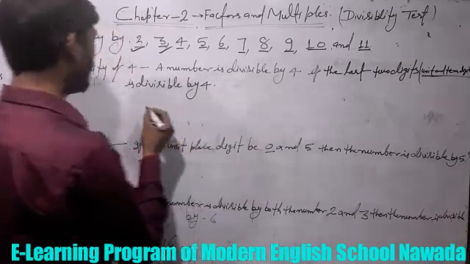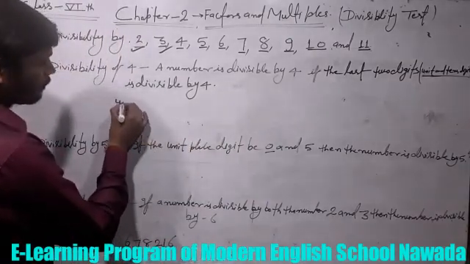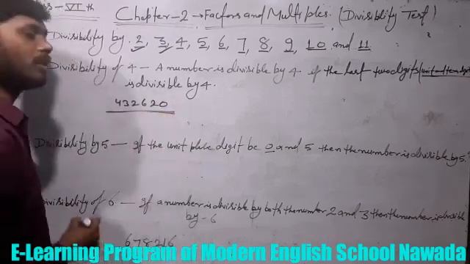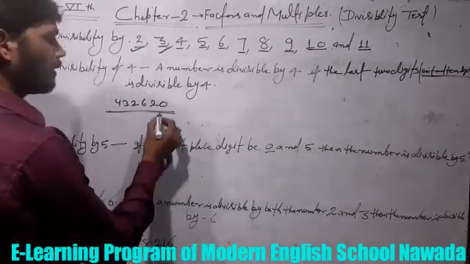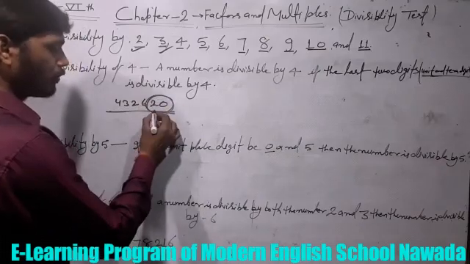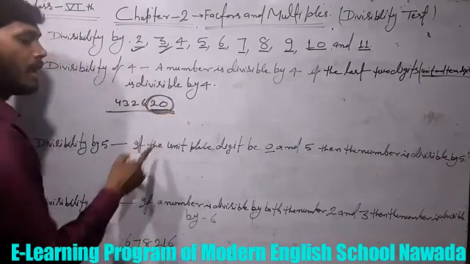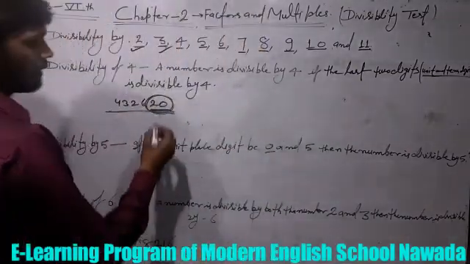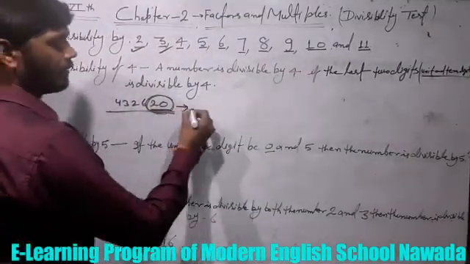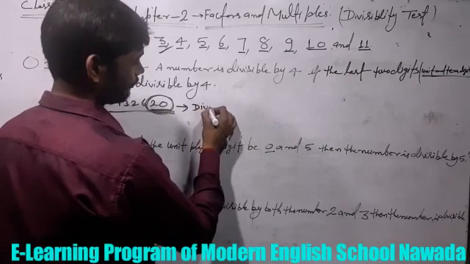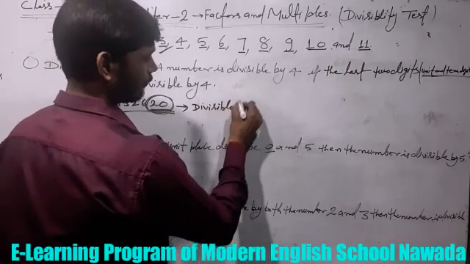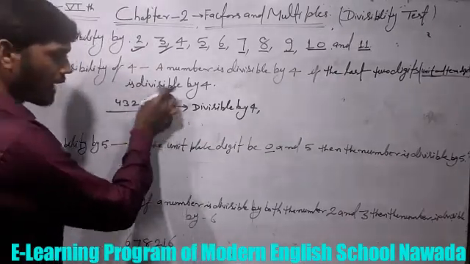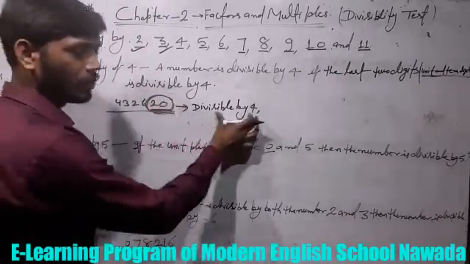For example, I write 432620. Observe in this number the last two digits are 20, and 20 is divisible by 4. So this number is divisible by 4. Why? Because its last two digits form a number divisible by 4.